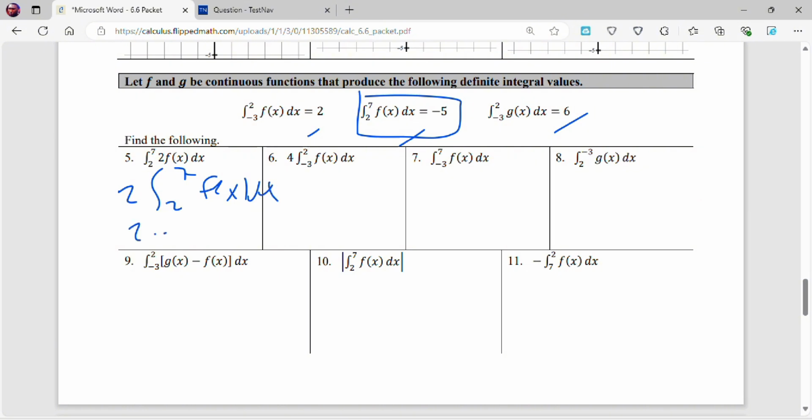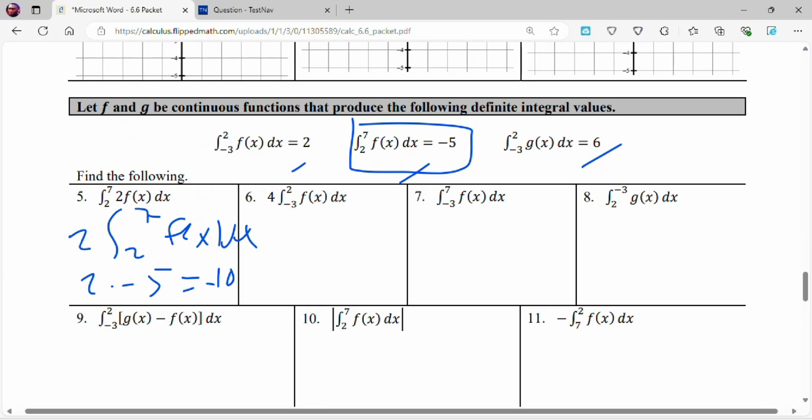So 2 times negative 5 is negative 10. Okay. Negative 3 to 2 of f of x. We have that right here. So 4 times 2 is going to be 8. Negative 3 to 7.